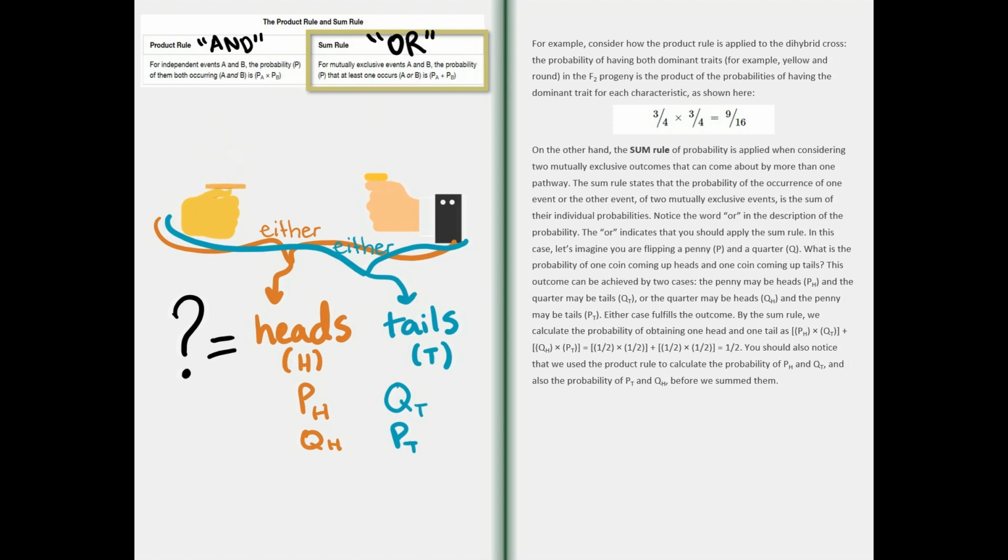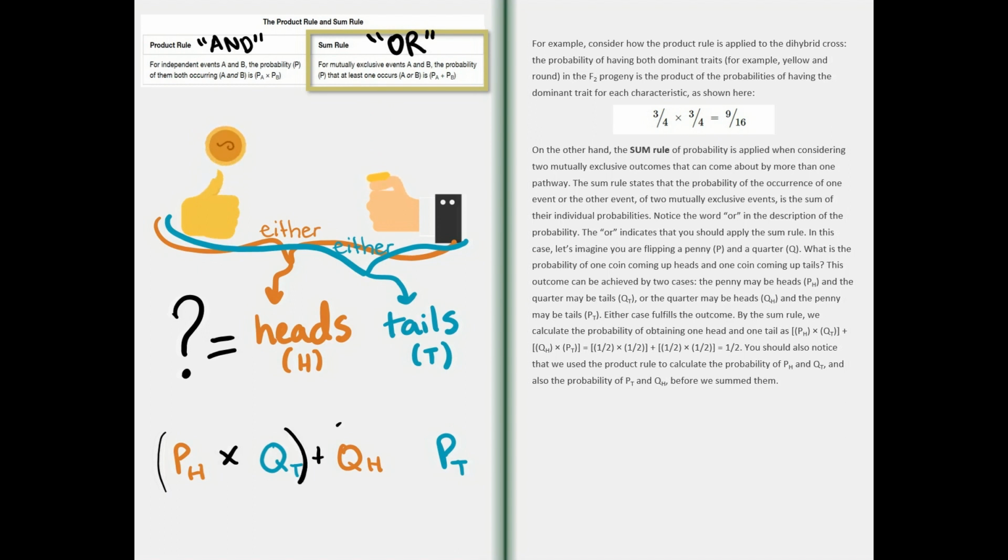By the sum rule, we calculate the probability of obtaining one head and one tails as the probability of a penny getting heads times a quarter getting tails, added to the probability of a quarter getting heads times a penny getting tails, which would be equal to 1/2 times 1/2 plus 1/2 times 1/2, which in this instance happens to equal 1/2.